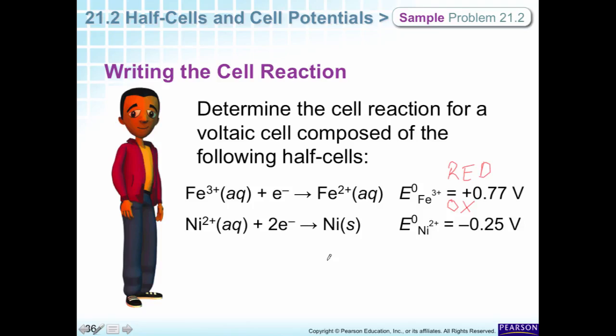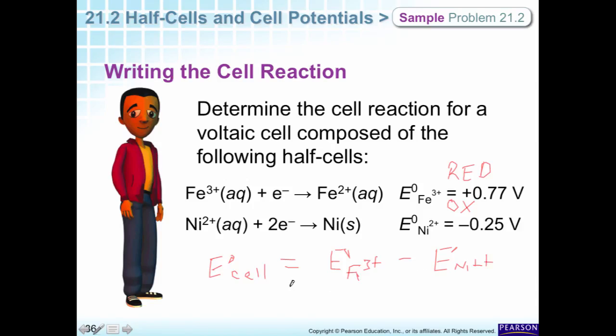All right, I can write the two equations, but basically, if we know that, I can say E cell equals E0 Fe3+ minus E0 nickel 2+.